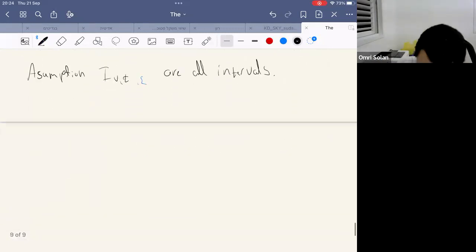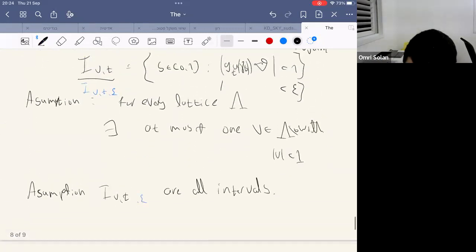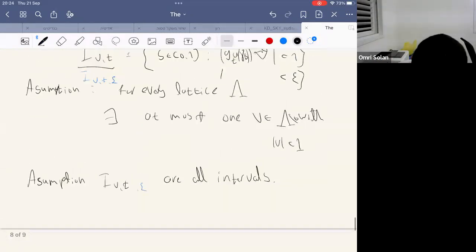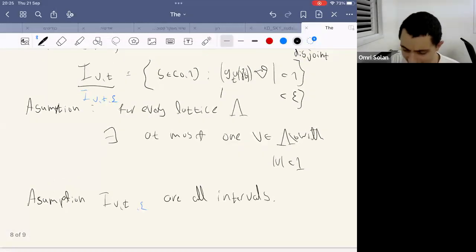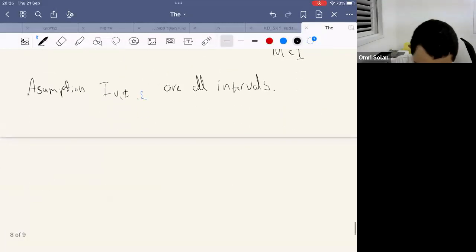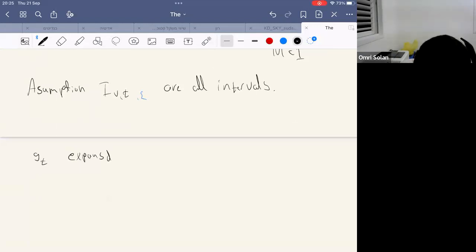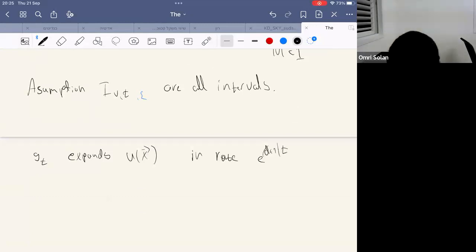Okay, so now we can see that the rate g_t expands u of x at rate e to the (d plus 1) t.